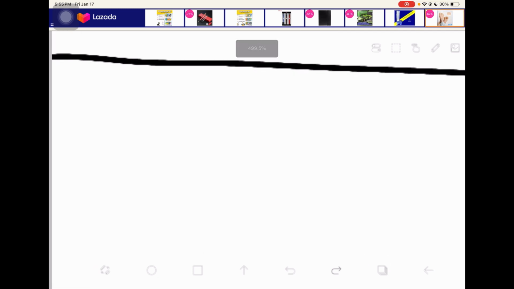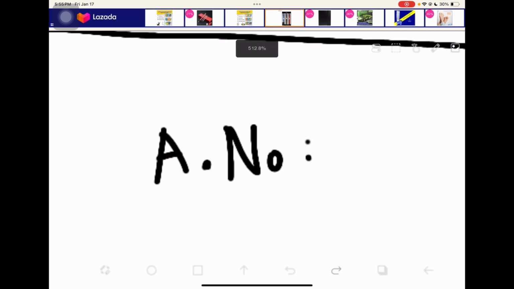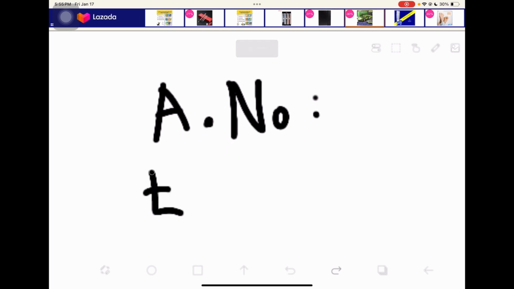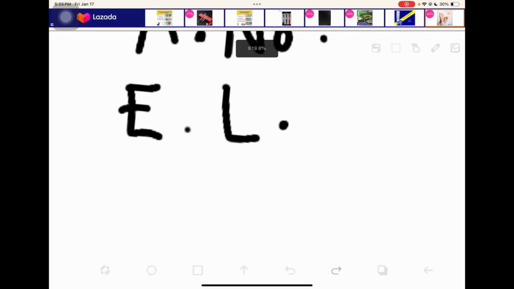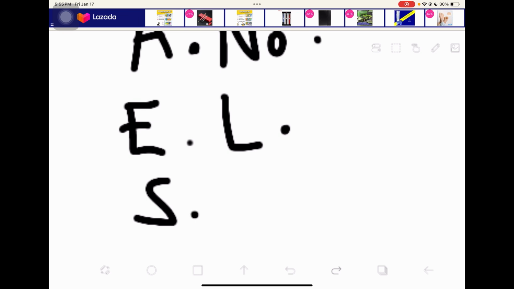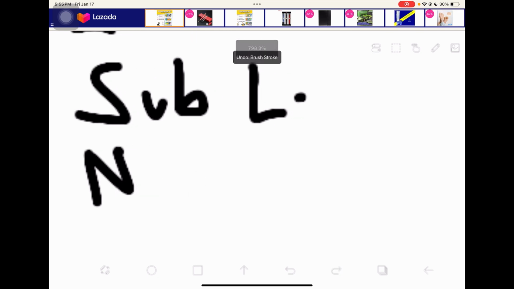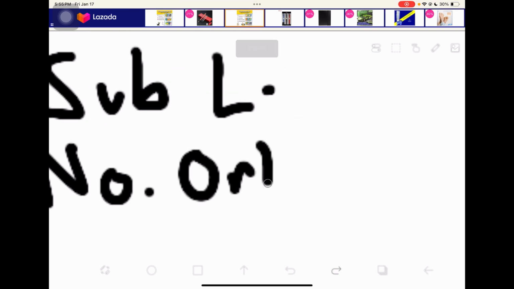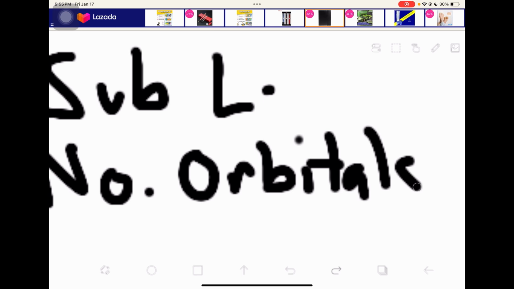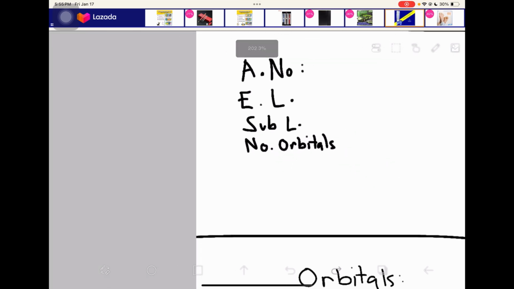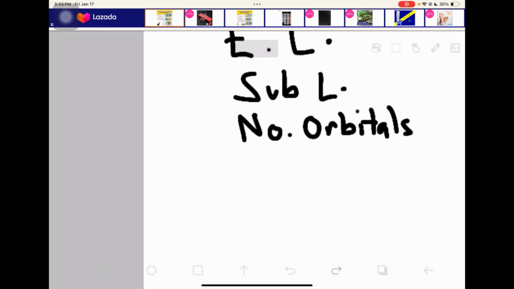So we got the element name, we got the atomic number, and then we got the energy levels, the sublevels, the number of orbitals, and the electron configuration, of course.